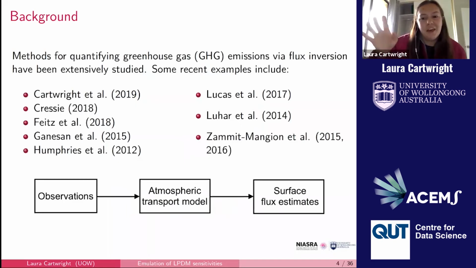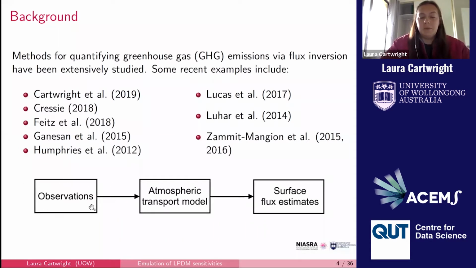Flux inversion is used quite a lot to quantify greenhouse gases. I've just listed some of the recent examples here. It's by no means an exhaustive list at all, but just to give you an idea about how broad it is. So the basic idea behind flux inversion, if you're not familiar, is that you would have a collection of observations.